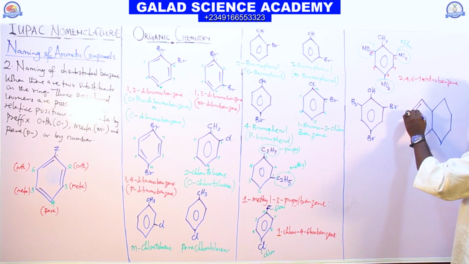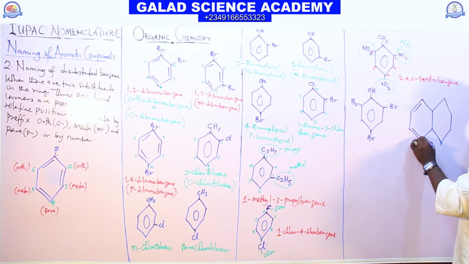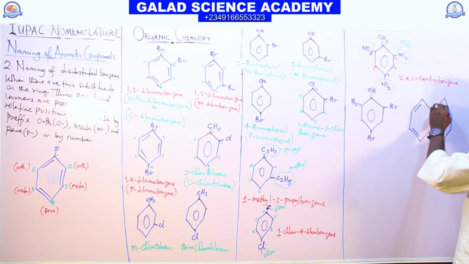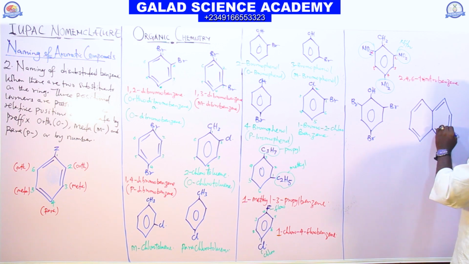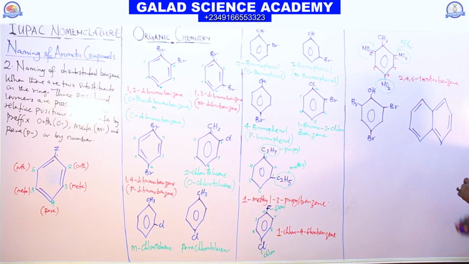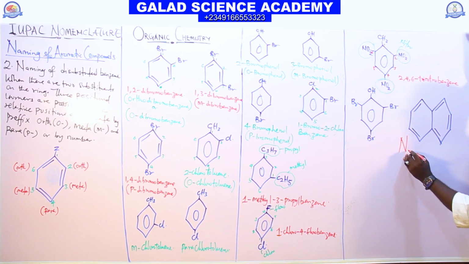So here we have alternate double bonds. This kind of structure of benzene, we call it naphthalene.